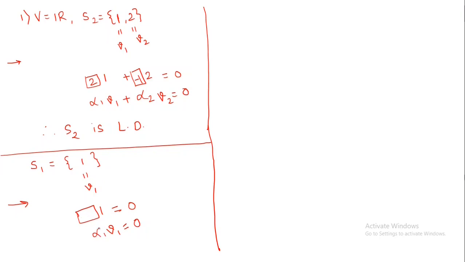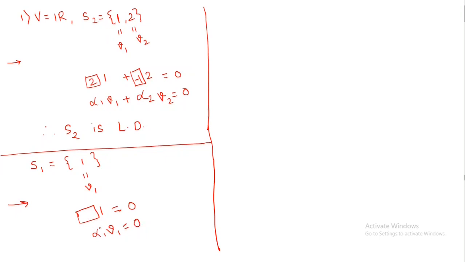So can you guess a non-zero value of alpha 1 such that alpha 1 multiplied by V1 is equal to 0? No chance, because if I take alpha 1 to be non-zero, we are going to get a non-zero value only, since this 1 is also non-zero. So we will not be able to find a non-zero alpha 1 such that alpha 1 V1 is equal to 0.